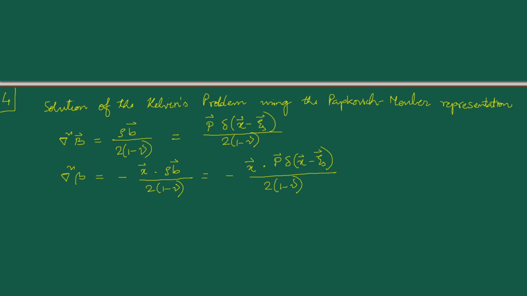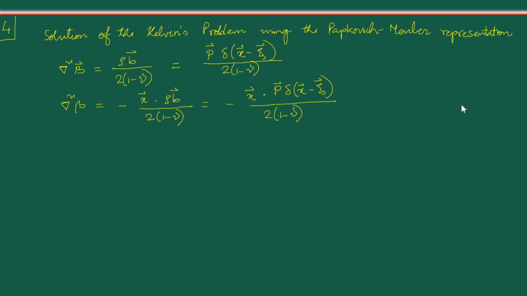You note that del square b vector is equal to this entire thing. It may look complicated, but this basically means that this is a Poisson's equation. Del square beta is equal to this thing. It is complicated looking, but it is after all a Poisson's equation. So we should definitely be able to write down the particular solutions to both these equations, del square b vector and del square beta, using the forms that we had discussed in the previous lecture.